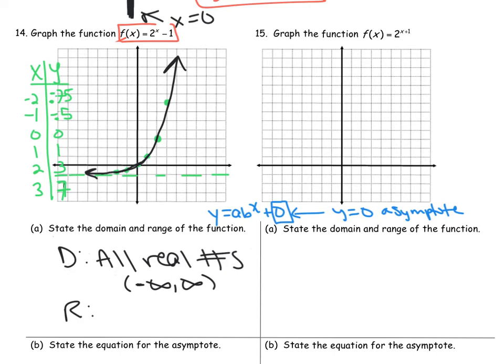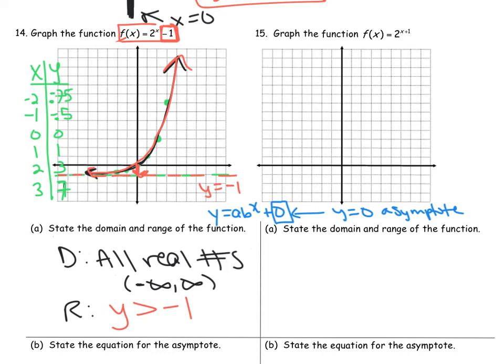We said that this is never going to reach negative 1, at y equals negative 1, because that's our asymptote. Remember, the asymptote is that vertical shift. It's shifted down by 1. So we know our range is all y values. So look at my y values. All of my y values are greater than negative 1. They're all getting bigger than negative 1.